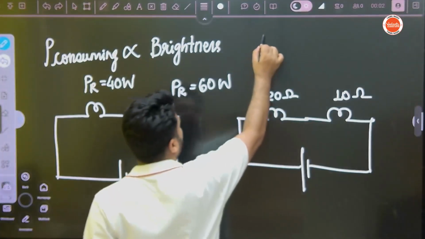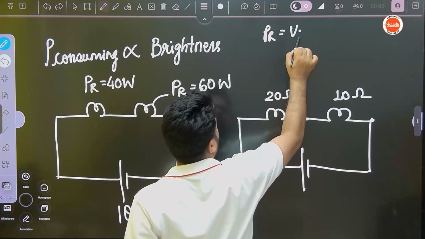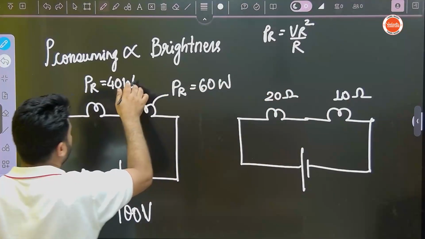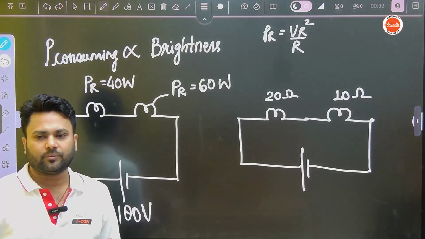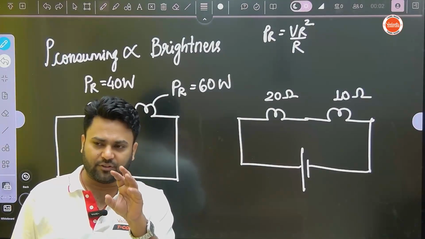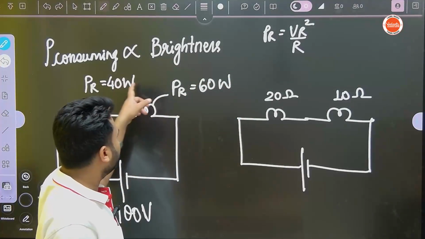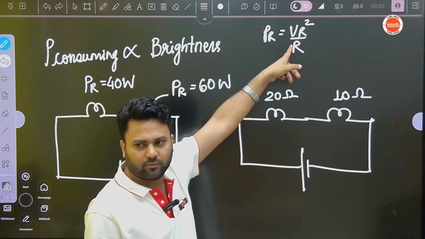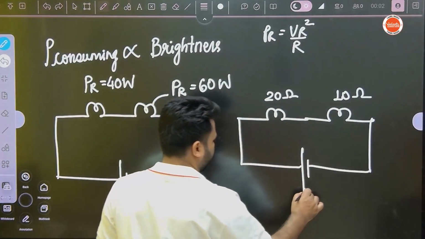By using this formula: power rated equals voltage rated square by R. Voltage rated, if it is not given, take 220 volt. So power rated is given, voltage rated is 220, or they will give it in the question. So from here resistance will come out. Now this is 100.